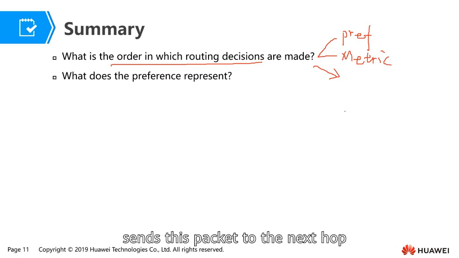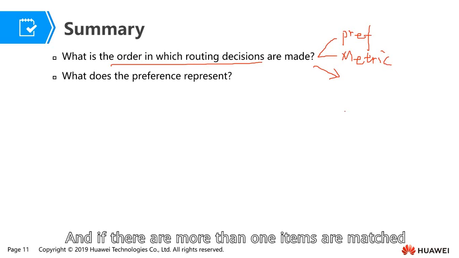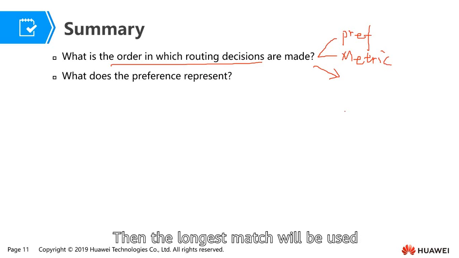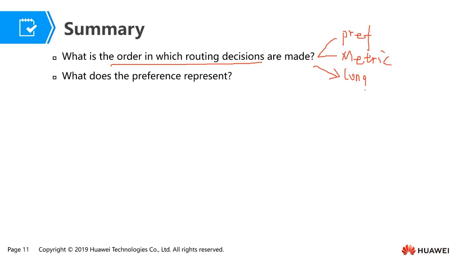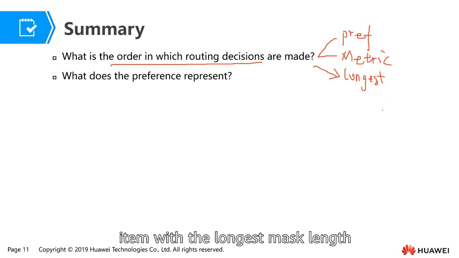And if more than one item is matched, then which rule is used? The longest match. The route item with the longest mask length will be used to forward the packet.